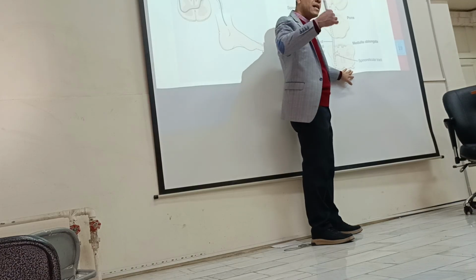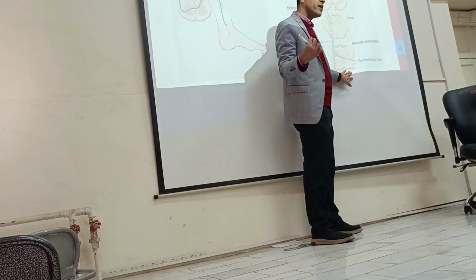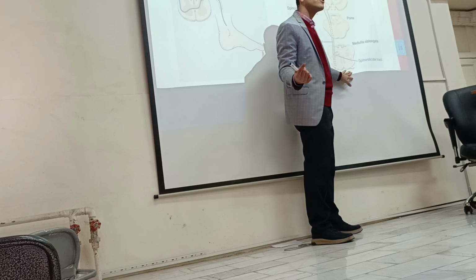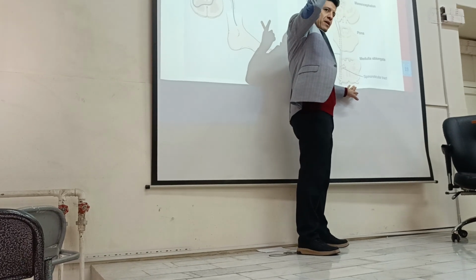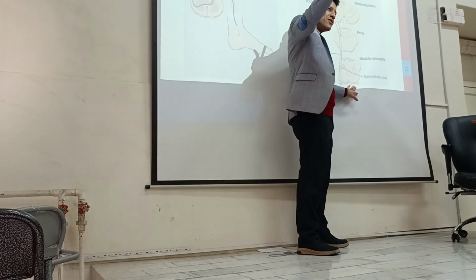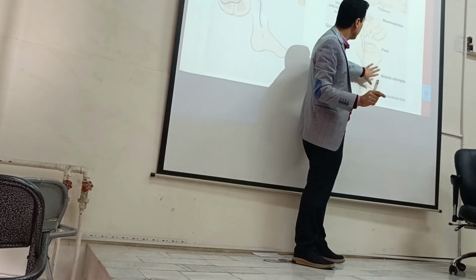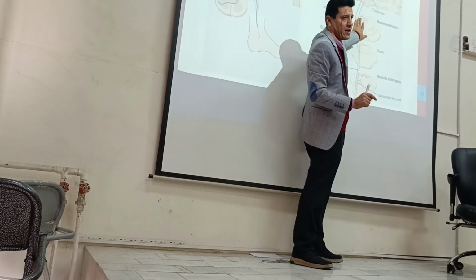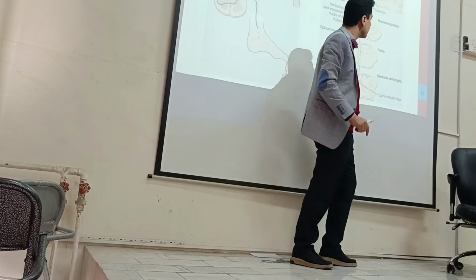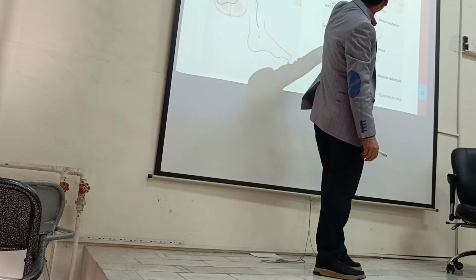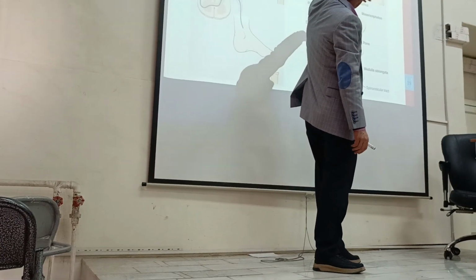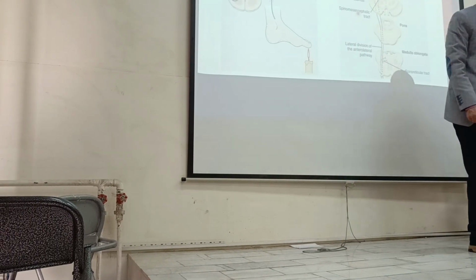So the cell body is in the spinal cord, the main branch goes to the thalamus, but the side branches enter the medulla, pons, and midbrain. Got this? Again, they go to the thalamus and cortex.